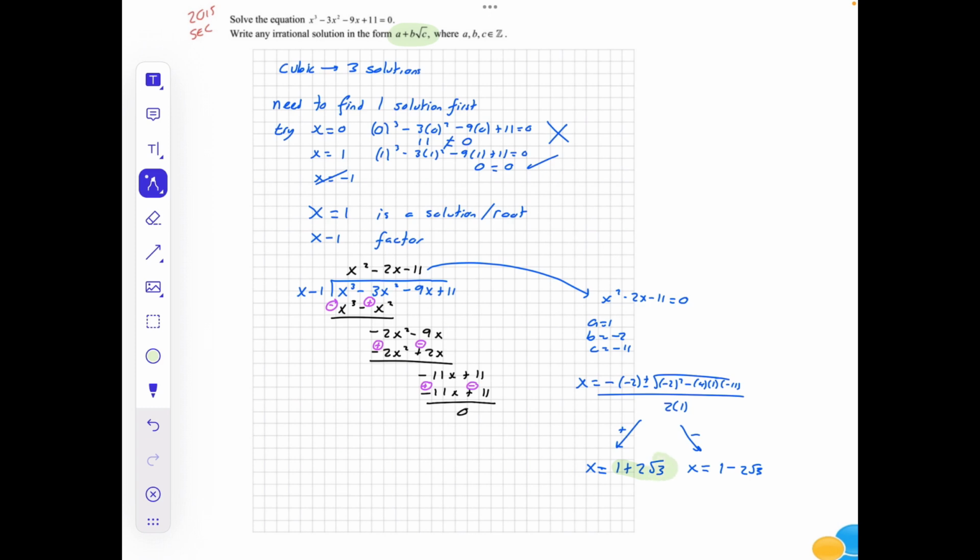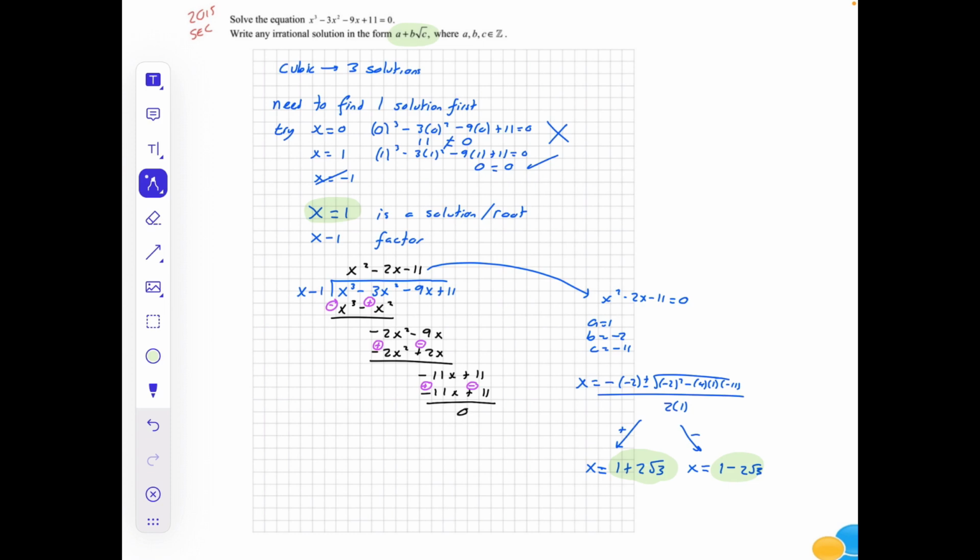So the way they wanted our answer at the start, a plus b root c, the calculator actually gives it out to us in that perfect form. So something plus something square root and something minus something square root. So they are my irrational solutions, and my rational solution then is x equal to 1.